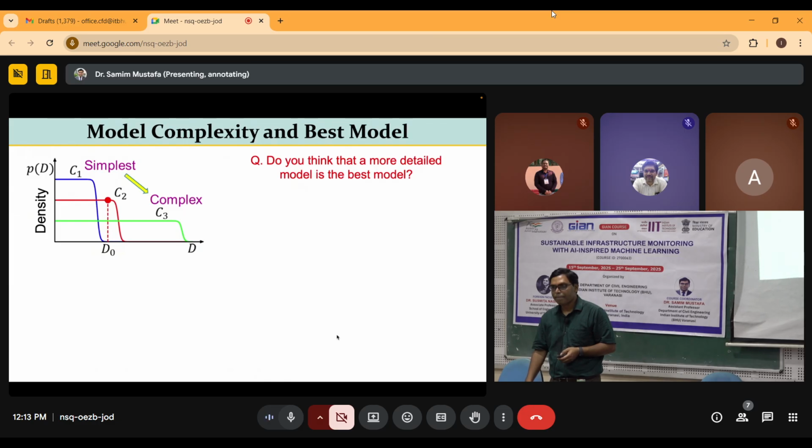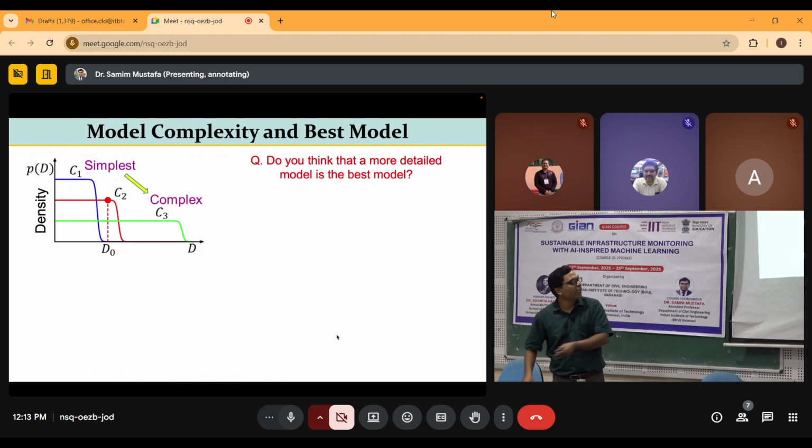Is it relevant or not? Slightly correct, yeah. So basically it depends on the observed data, not only the model, because you want to fit the observed data, no? So it is not necessarily that your best model, or more detailed or complex model, will fit the observed data.